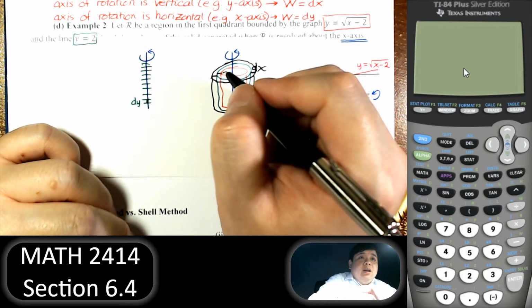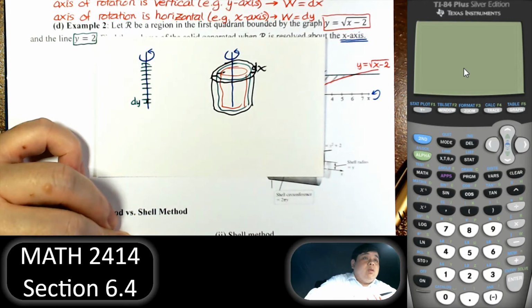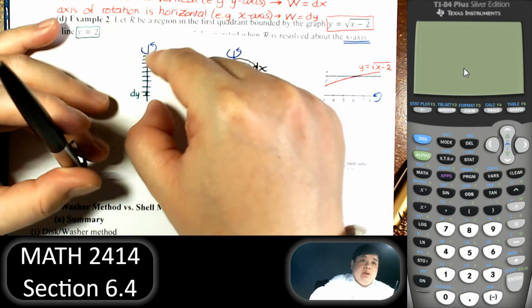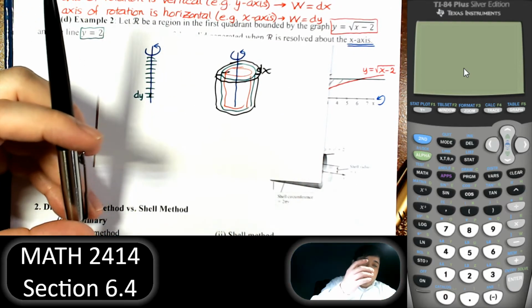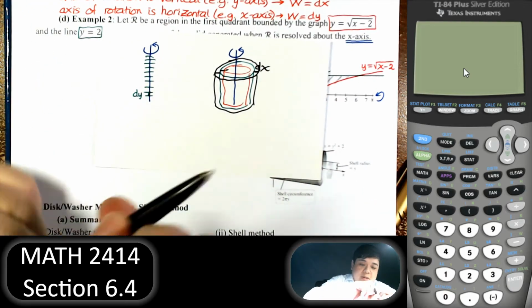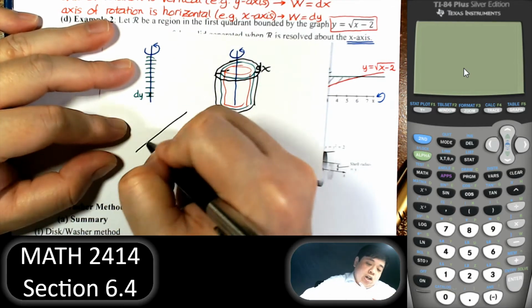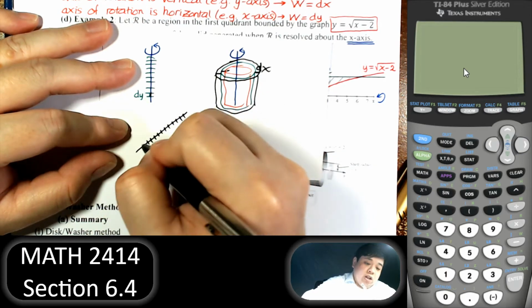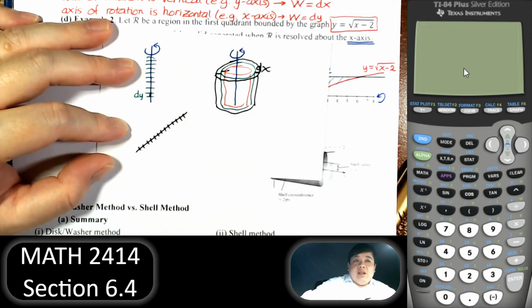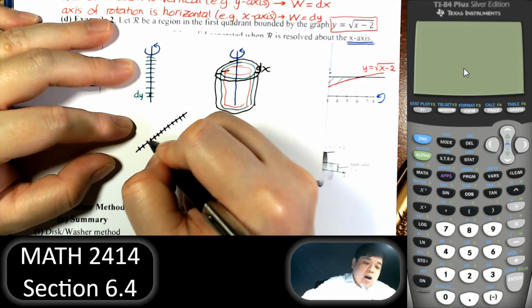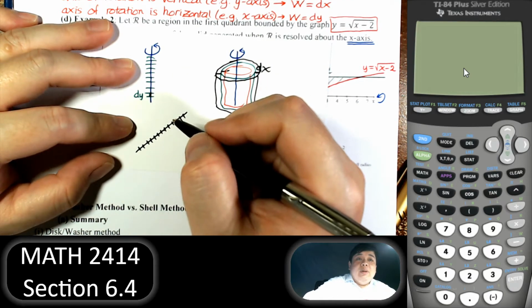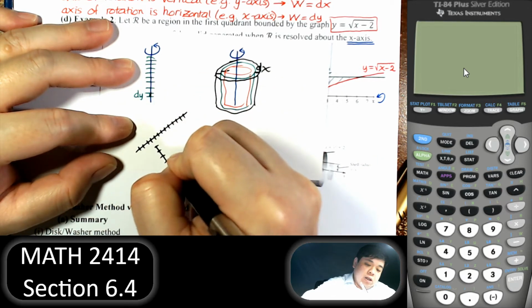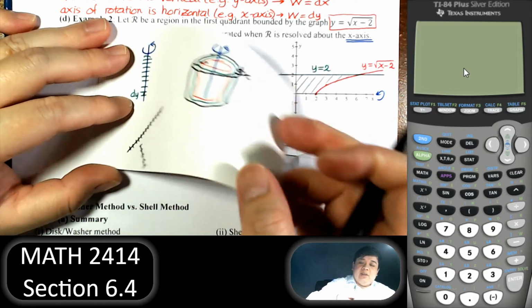Whatever the axis is, if we're going to slice it parallel to it, it's going to be the washer method, and perpendicular to it, it's going to be the shell method.